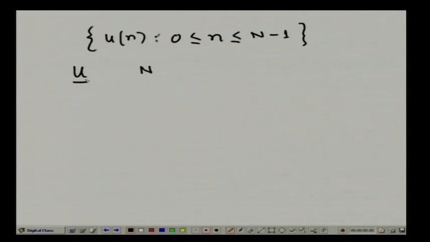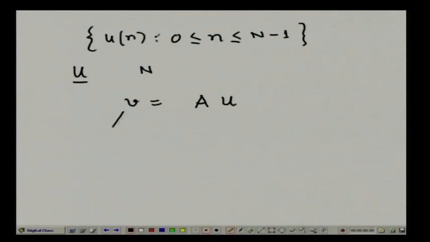And for transformation, what I do is pre-multiply this vector u by a unitary matrix A of dimension N by N. So, given this vector u, if I pre-multiply it with a unitary matrix capital A, where the dimension of this unitary matrix is N by N, you find that u is a vector of dimension N, and I have a unitary matrix of dimension N by N. This multiplication results in another vector v.